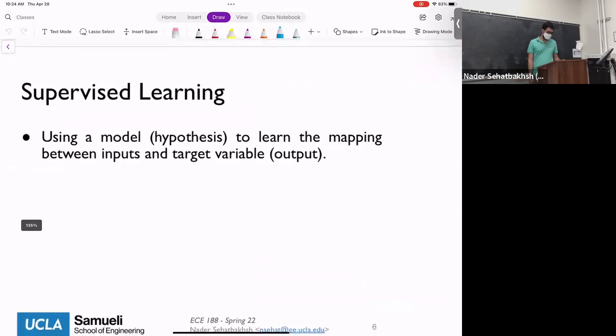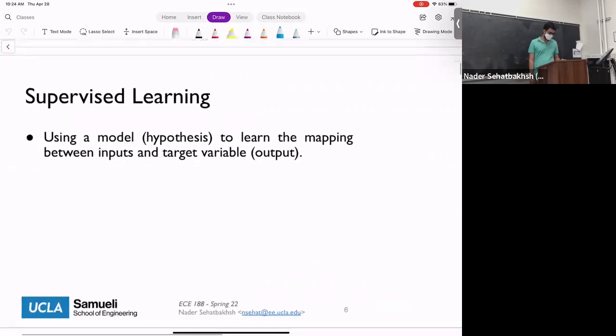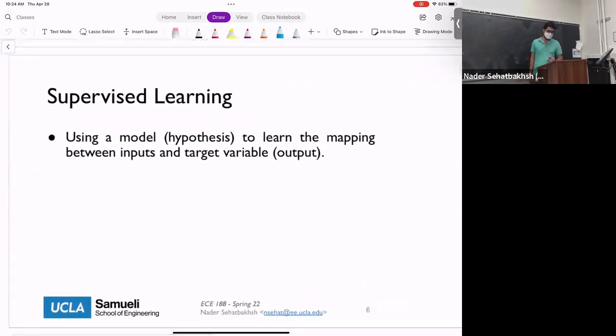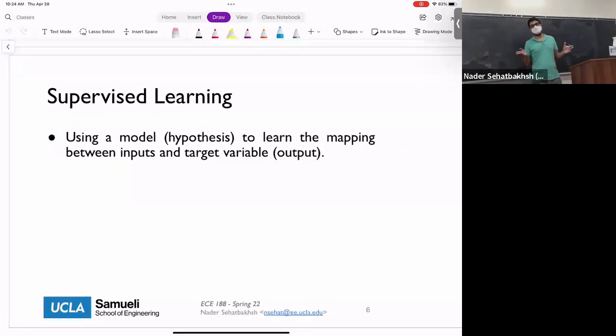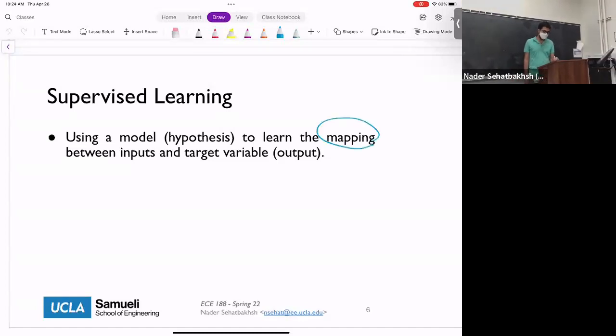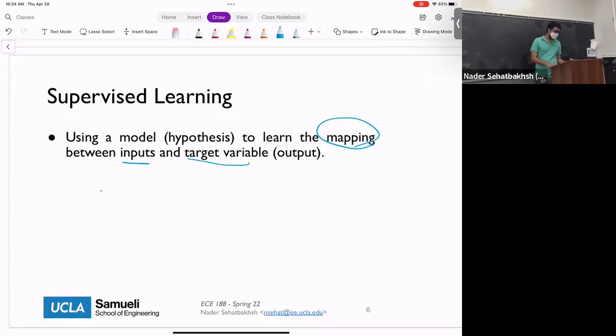So to focus a little bit more on what supervised learning is. Basically, supervised learning is using a model, and that model is some hypothesis, so we can decide what that model is, in order to learn some mapping between inputs and the target variable or target outputs, right? So as I said, we have a bunch of records, and we already know the answers to these records.